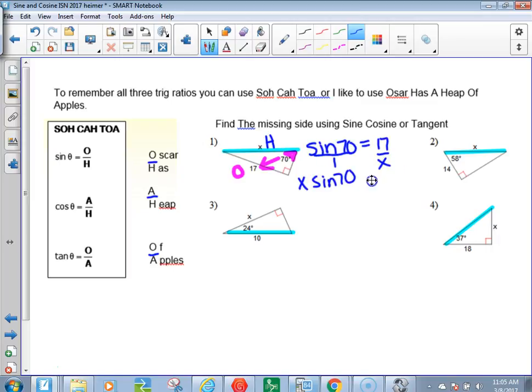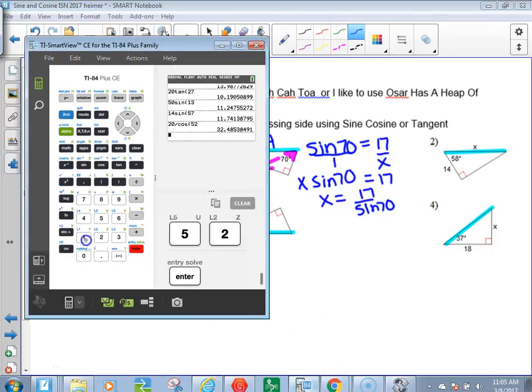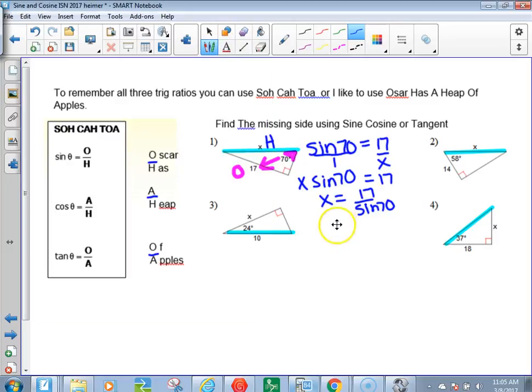X times the sine of 70 equals 17. So x is going to be 17 divided by the sine of 70. Got 18.1 units.